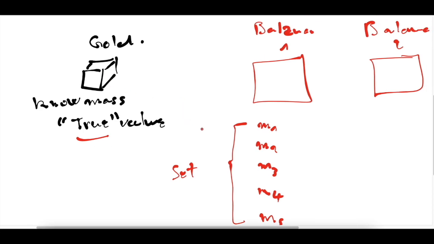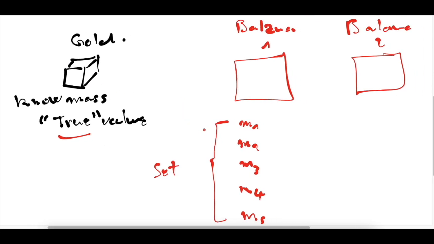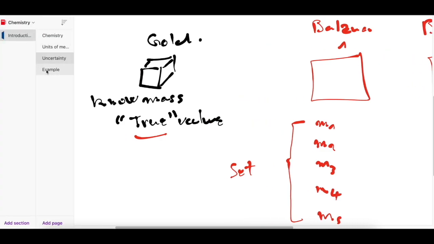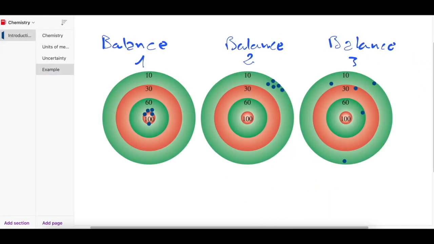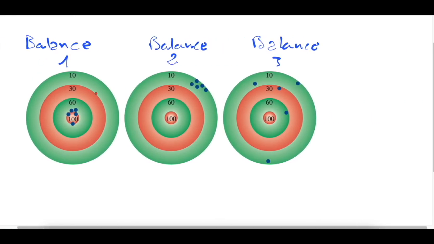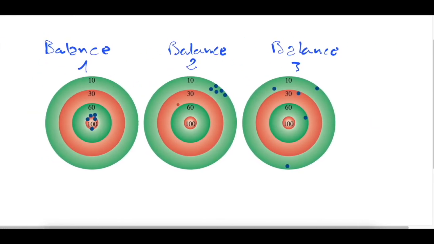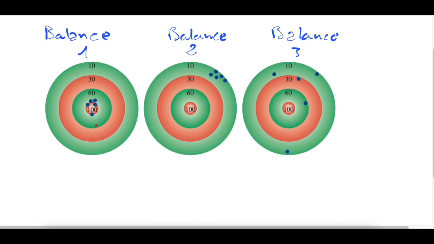So, for the sake of simplicity, we'll show the results as marks on archery targets. Here we have the 3 balances, and we have used an archery target. The 5 measurements of each set are shown as marks. Here, with the first balance, we have the 5 measurements.